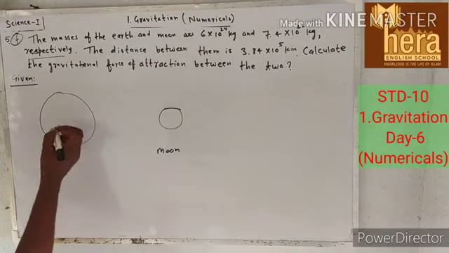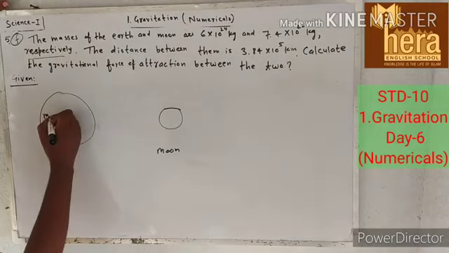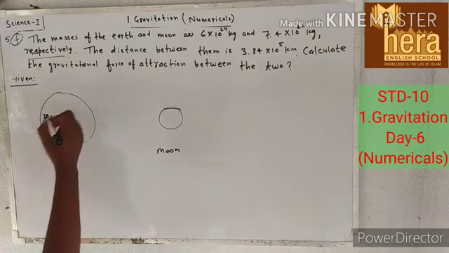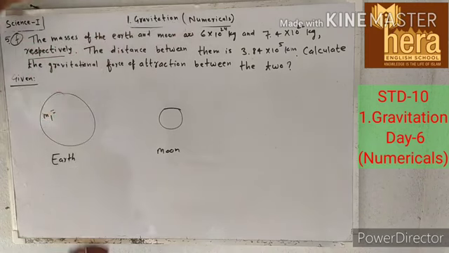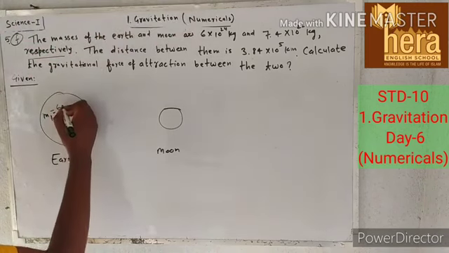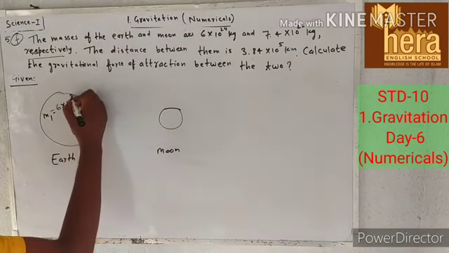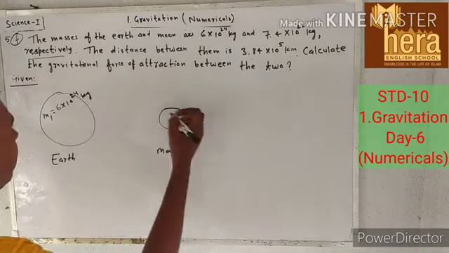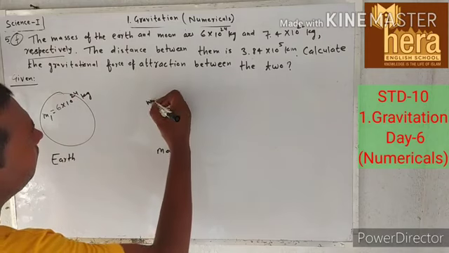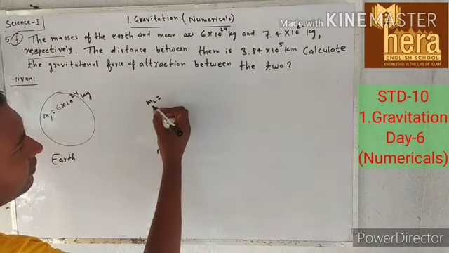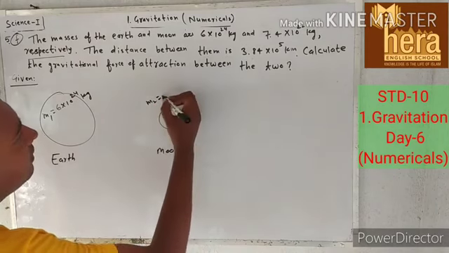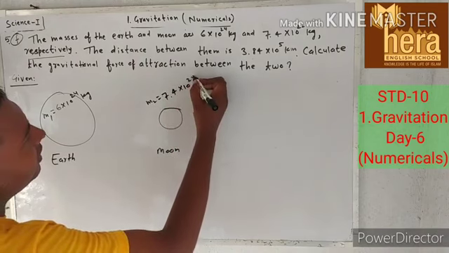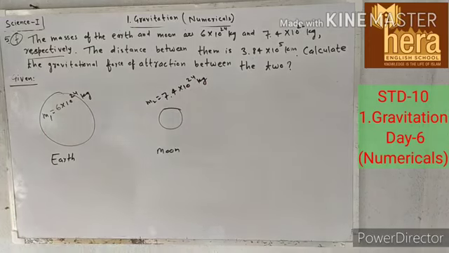Given mass, that is M1. For Earth, M1 is equal to 6 into 10 raised to 24 kilogram. And M2 for Moon is 7.4 into 10 raised to 22 kilogram.